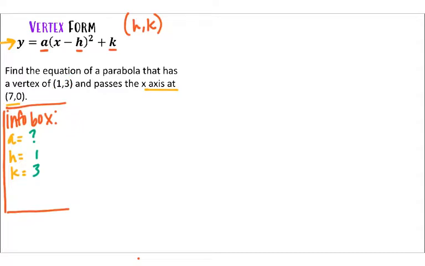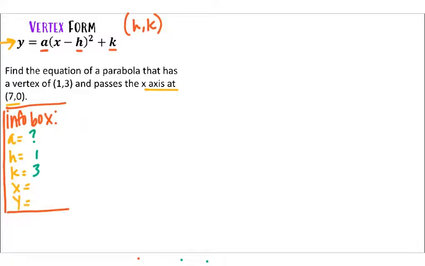Our vertex is (1, 3), (h, k). All right. And so for my information box, I know I need an a, h, and k, but all I have is an h and k. So that means they have to give us some more information to be able to write this equation. And that more information is an x and y value.